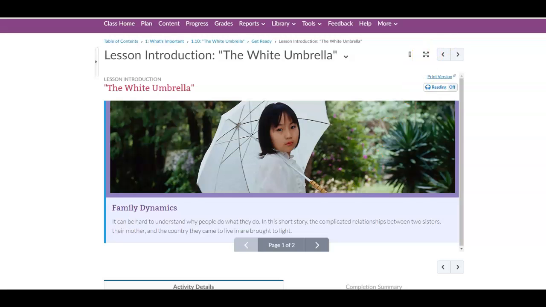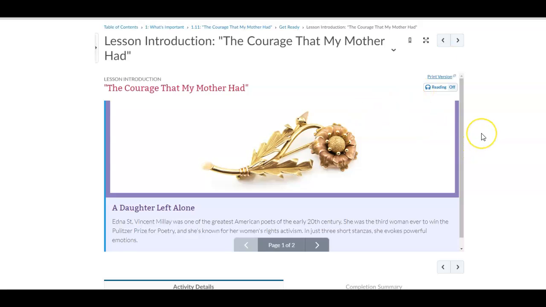Okay? And then later on in the week, we get to read another poem about a mother, by Edna St. Vincent Millay, an American poet, and it's a really touching poem about the courage my mother had, and this pin represents them there because it has a brooch in it.